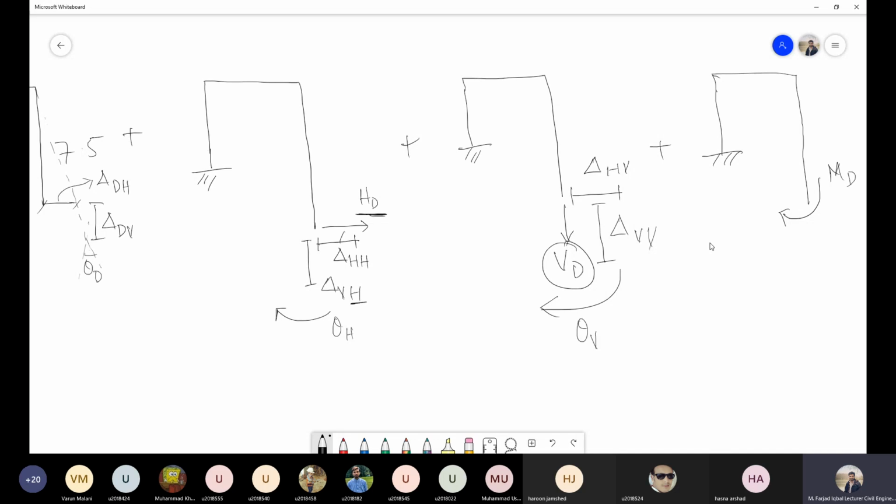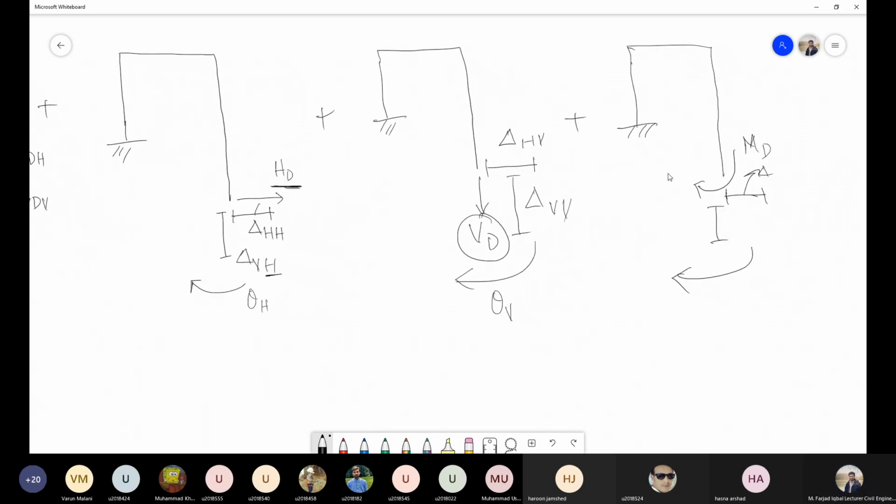Okay, so due to this movement, again we will have three kinds of deflections and rotations. One is this one and this one. So this we can call delta H theta.